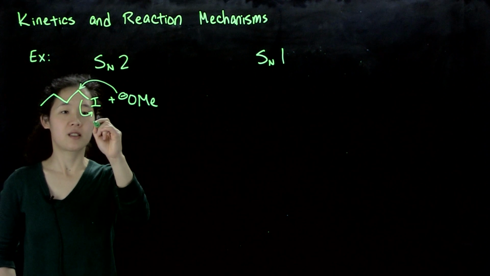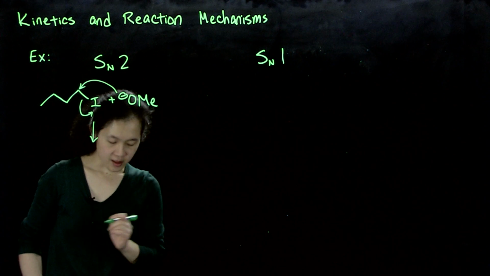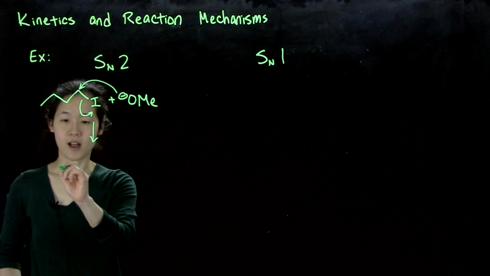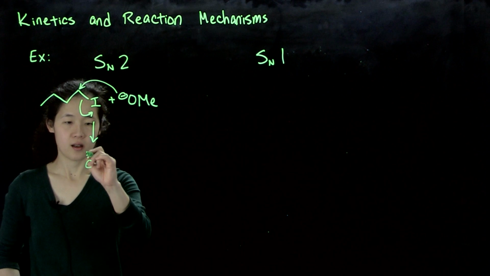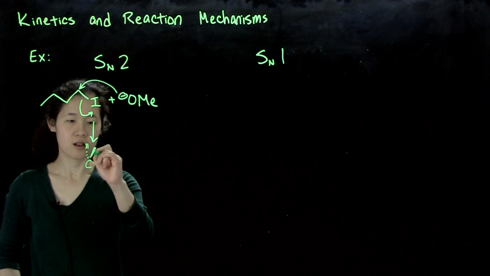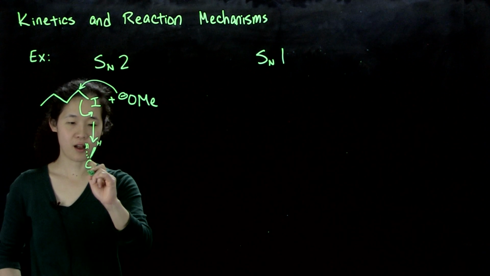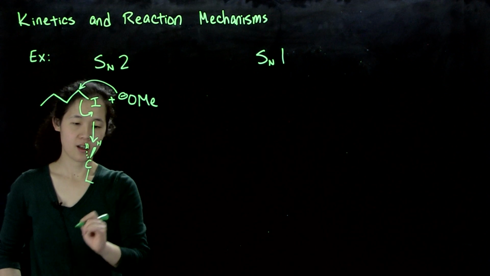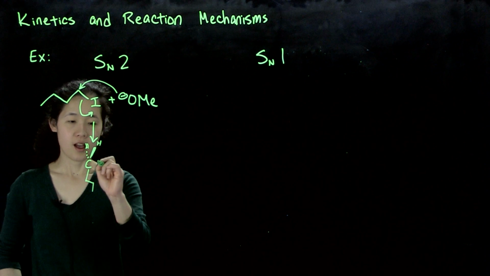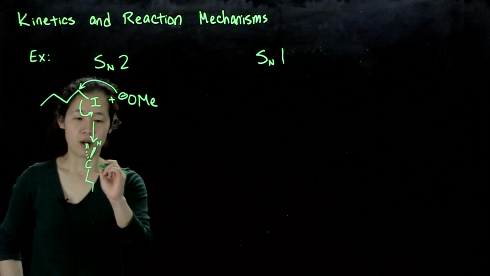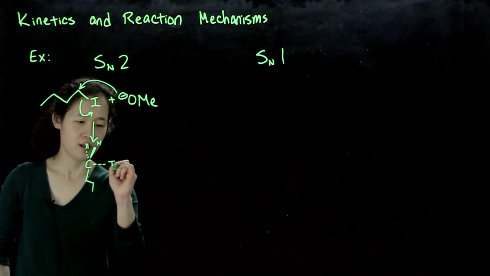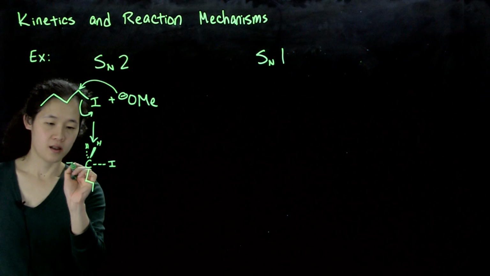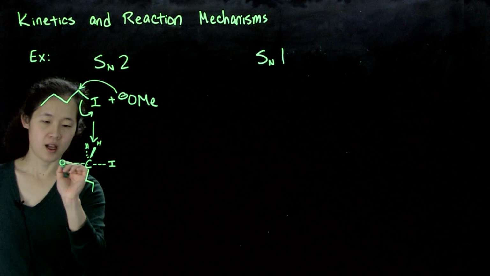This proceeds through a transition state, where if I draw it, here is my carbon, H, and then we'll have our propyl group hanging off here, 1, 2, 3. Our transition state will have both substituents on there, the iodide and the methoxide.